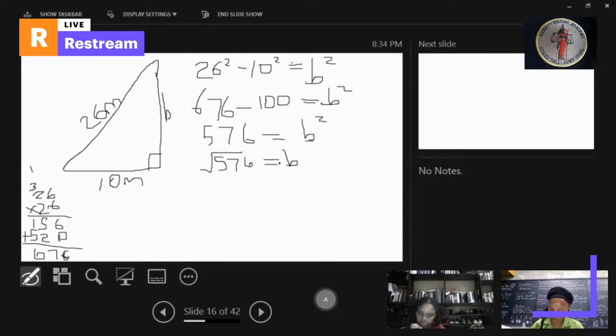And then 24 is equal to b. Okay, so B is 24. Okay. Units. Meters. All right, 24 meters.